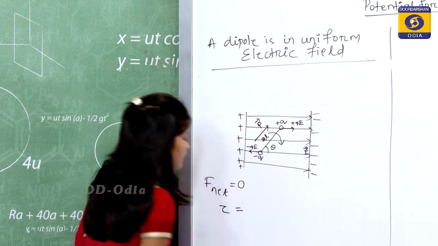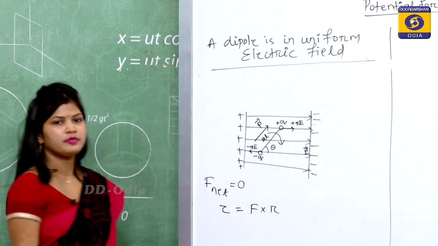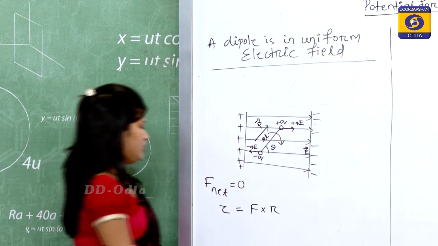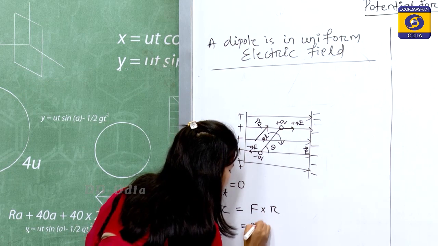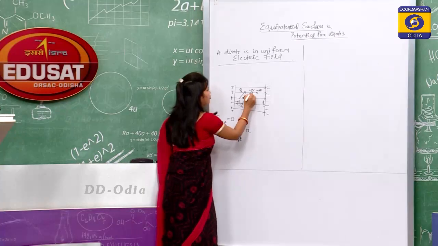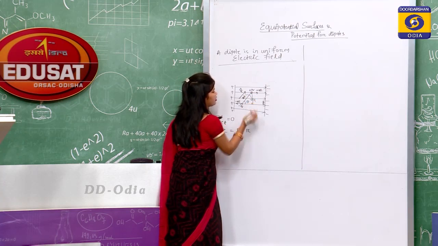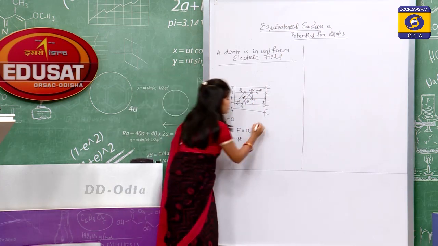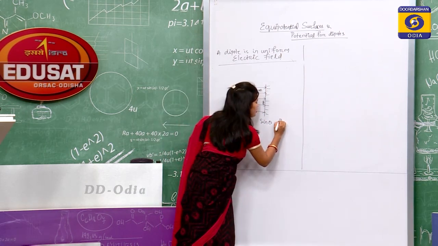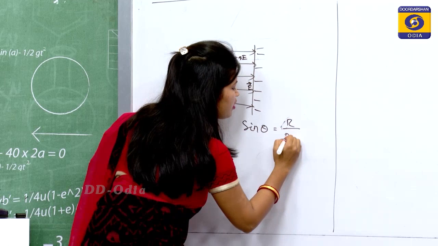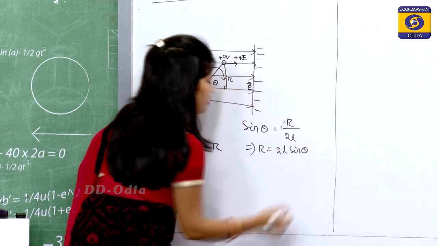And we know that torque is force into perpendicular distance. The magnitude of force is qE, and the perpendicular distance, let this be r. Sin theta is r upon 2l, so I get r is equal to 2l sin theta.